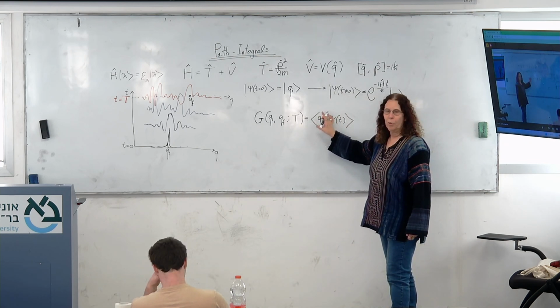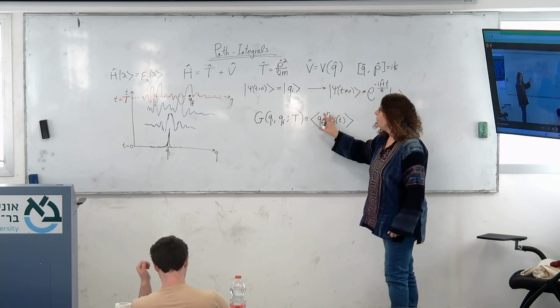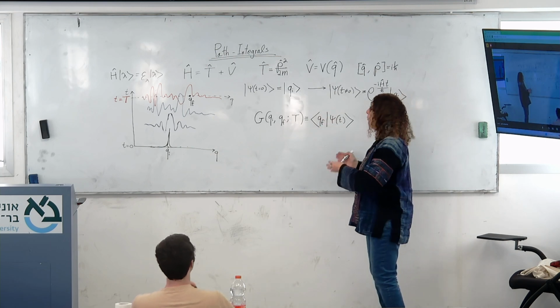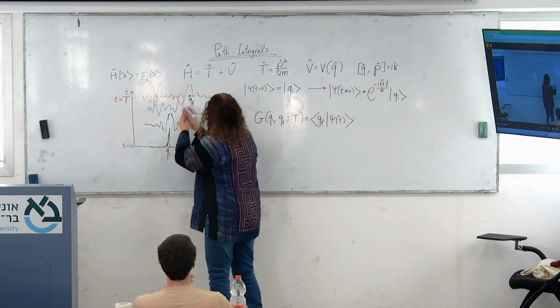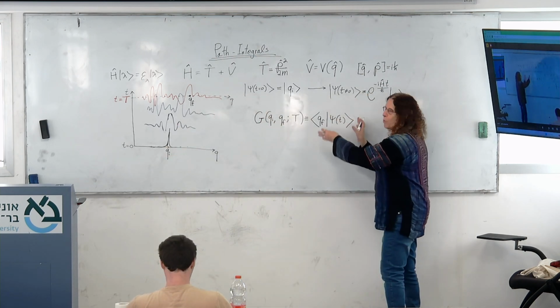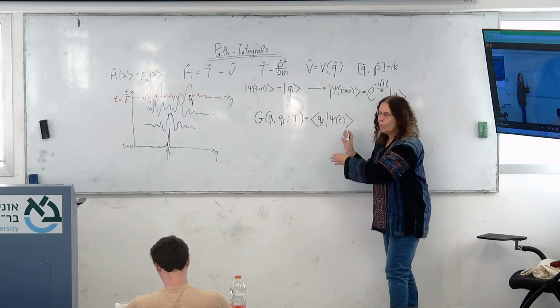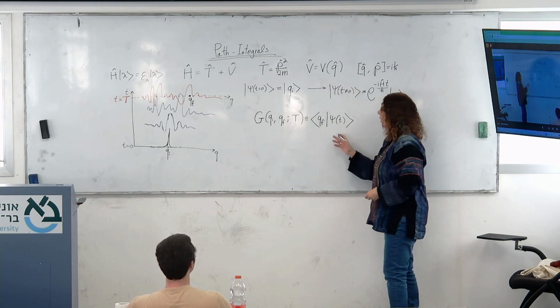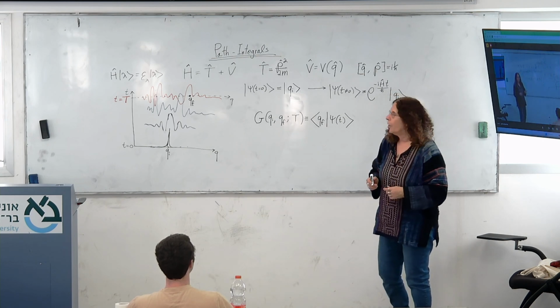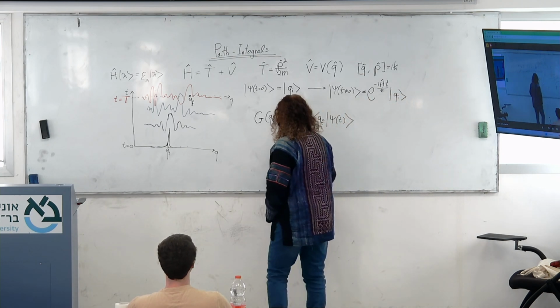If I want to know the probability to find, again, to find the particle, if I started at qi to find the particle at qf, the probability is going to be the absolute value square of this. So this is an amplitude. It's still something that can take complex values.